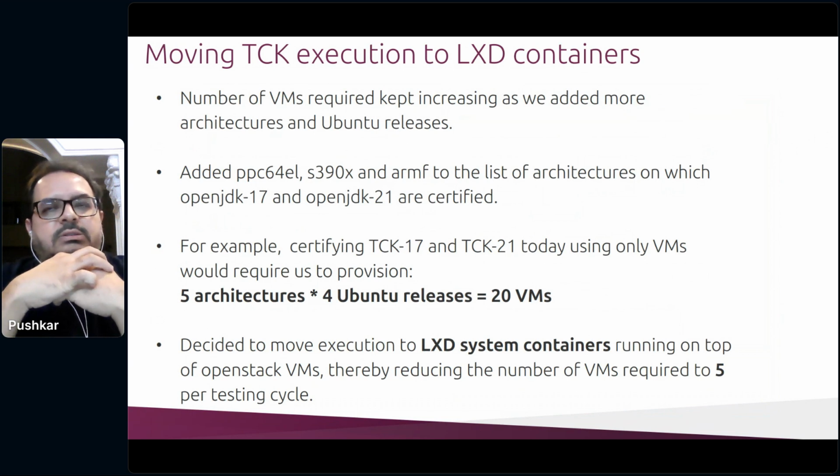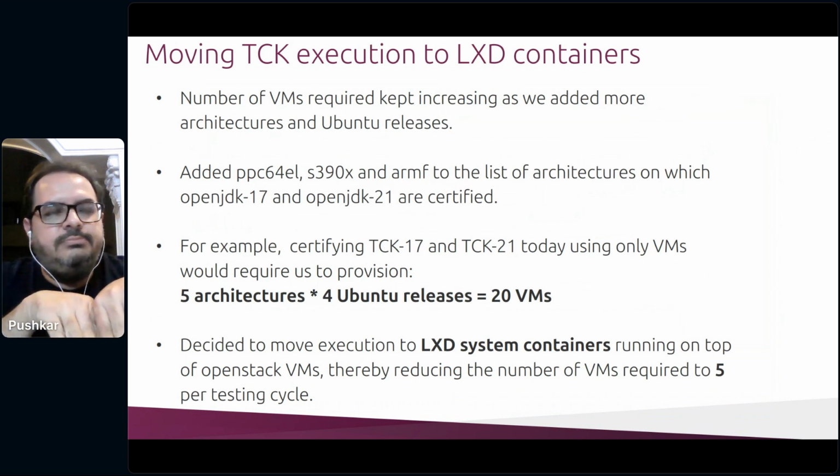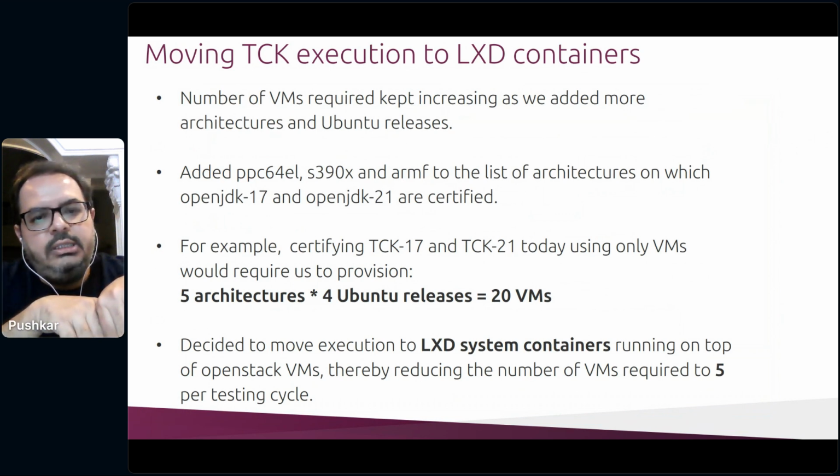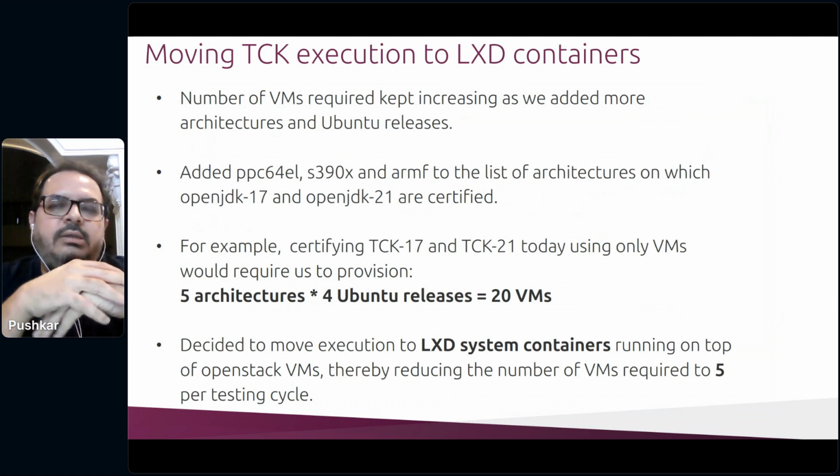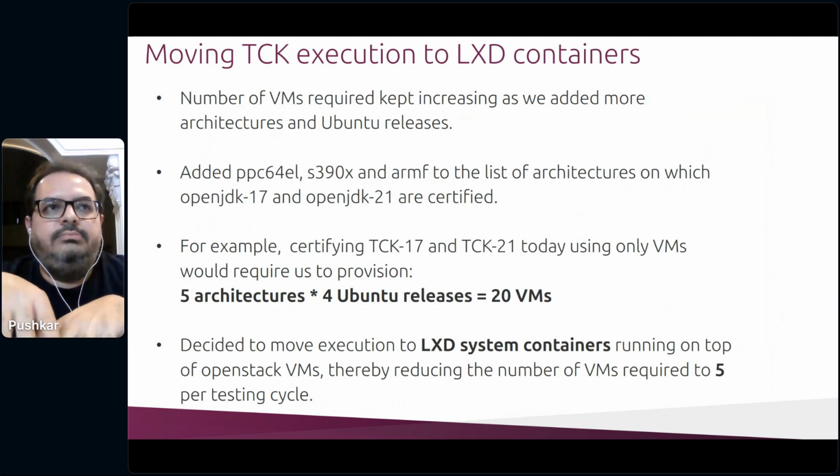When I say we, it is just me, so I did not want to manage so many VMs. So similar to the Docker container pilot that we did in the beginning, we also decided to do an LXD container pilot. LXD containers are system containers, quite popular in the Ubuntu ecosystem.